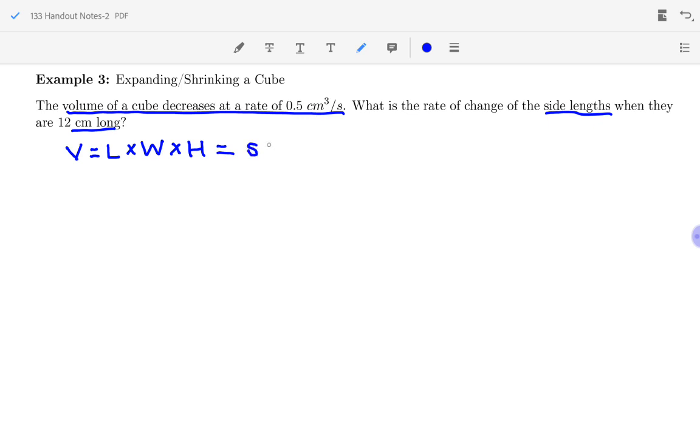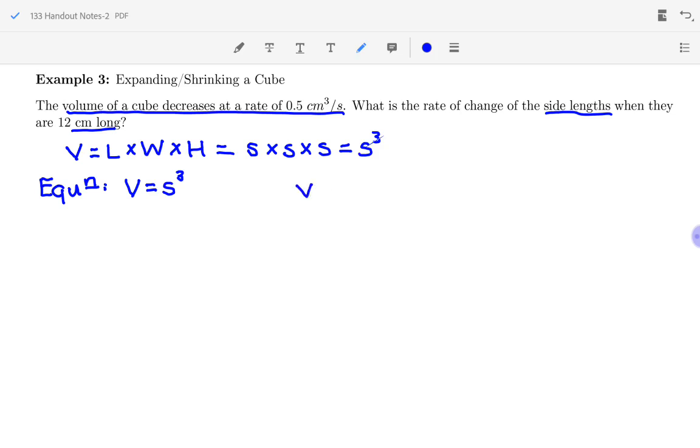So you have the first side times the second side times the third side, multiplying it by itself 3 times, so you get S cubed. So our equation that relates our two variables is that the volume is whatever the side lengths are cubed.